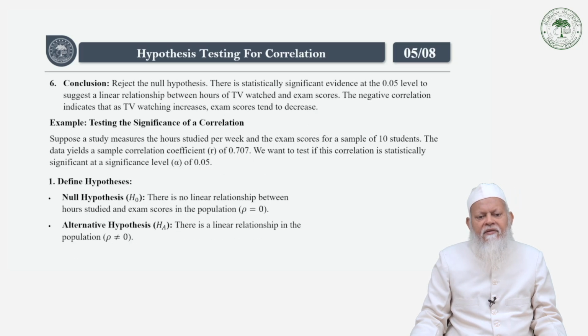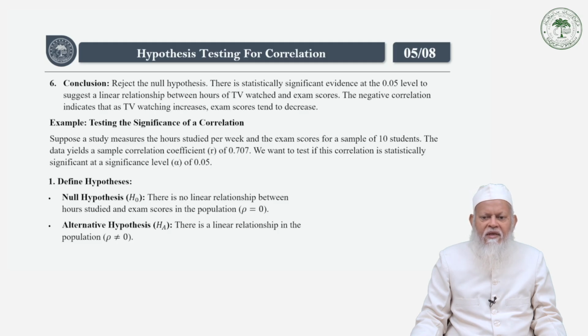We conclude that the null hypothesis is to be rejected, and then we arrive at the interpretation that there is statistically significant evidence at the 0.05 level to suggest a linear relationship between hours of TV watched and exam scores.